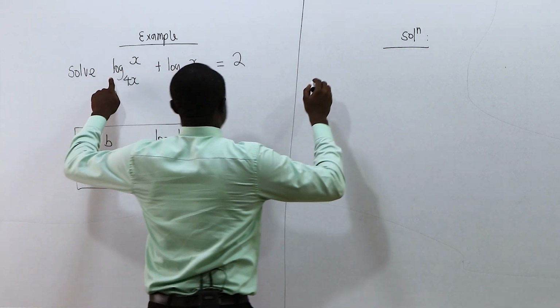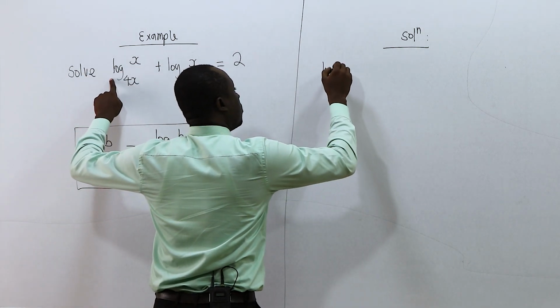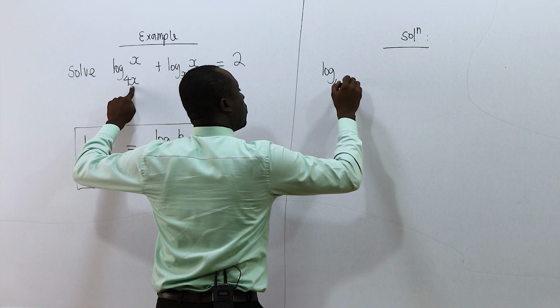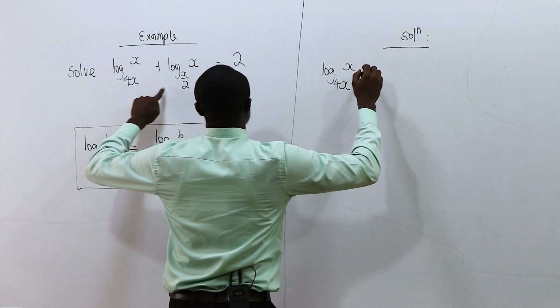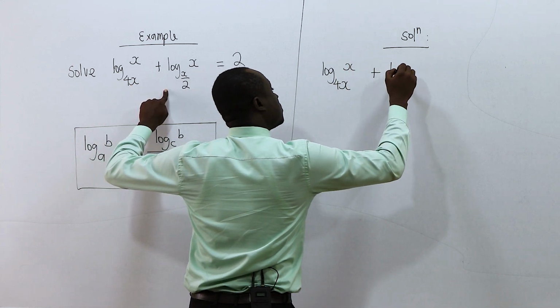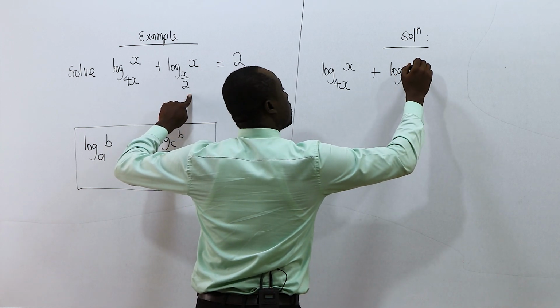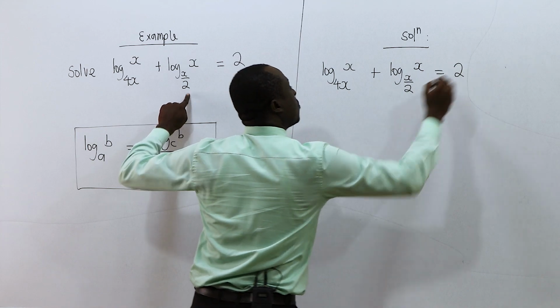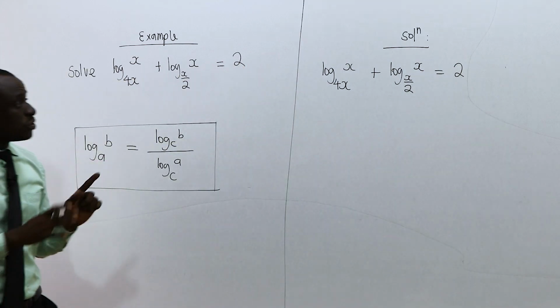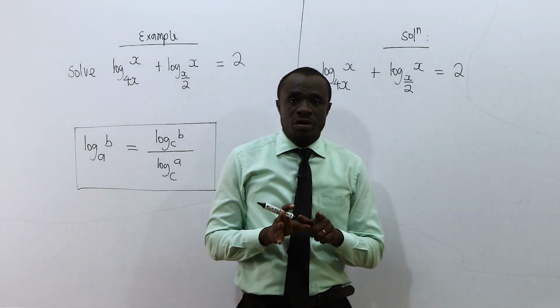Now, what is the question? We have log 4x plus log x over 2x, and this is equal to 2. So this will change it to have a common base of 10.